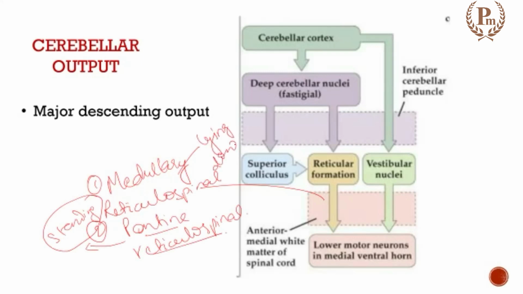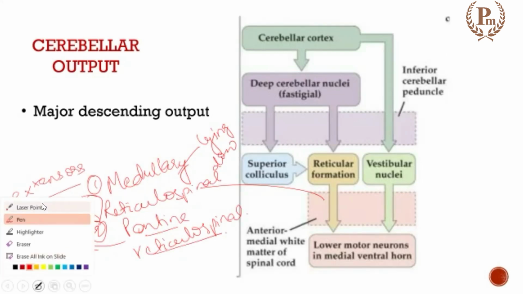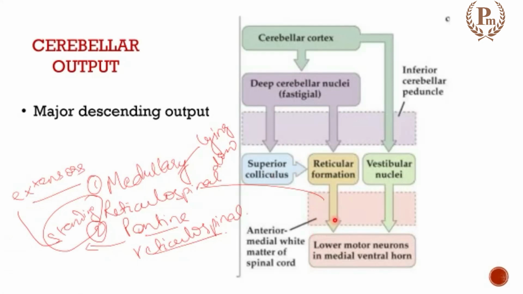So here extensors are involved, right? And here we have the flexors. See how beautifully these connections are. So reticular formation makes a connection with the lower motor neurons present in the ventral horn. We call them, if you remember, the medial descending tracts or medial motor system.